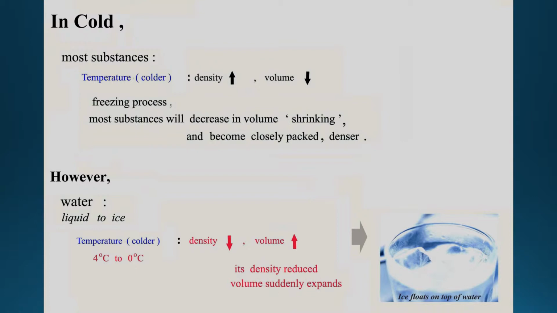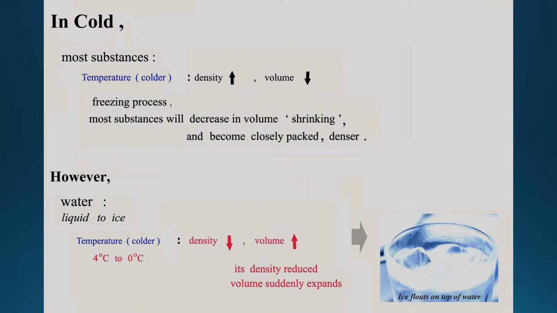So you can see the volume increases instead of decreasing. Density decreases instead of increasing. Because the volume goes bigger, ice floats on water. Ice is less dense than water and takes a bigger volume. That's why ice floats.